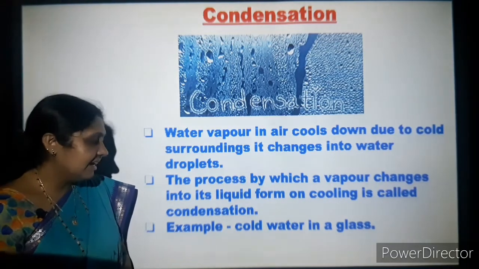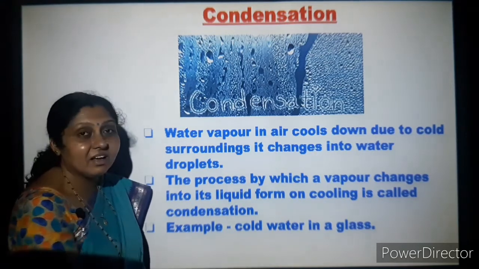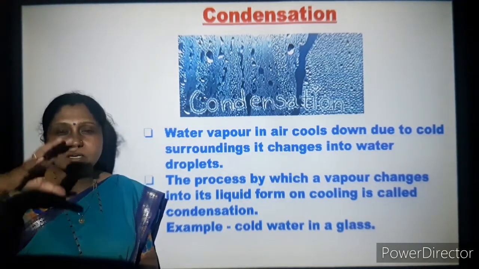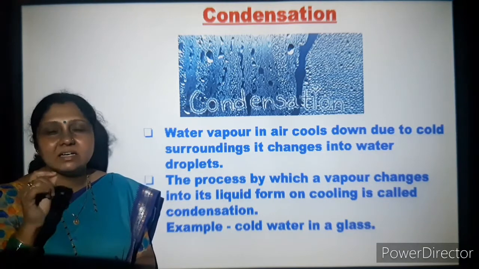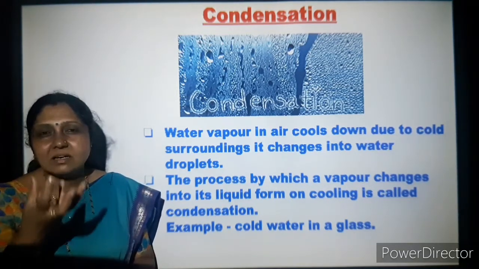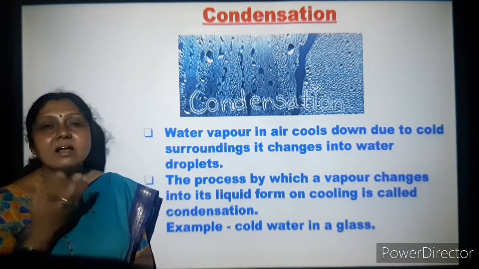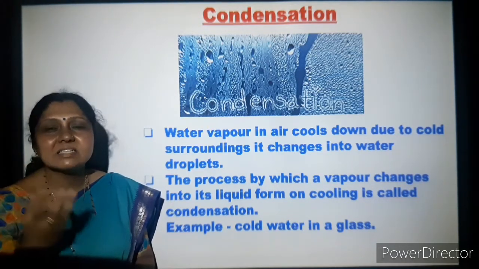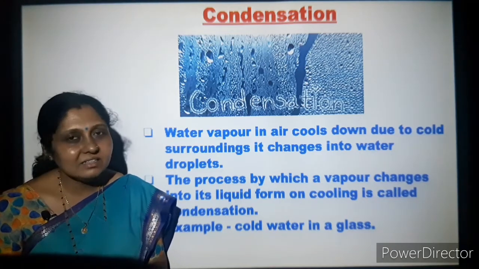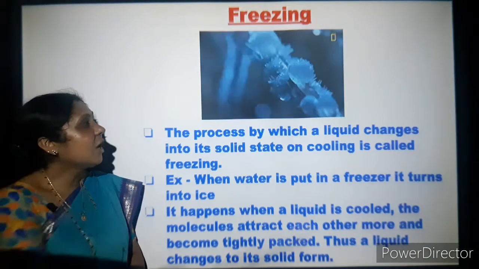One more example is cold water in a glass. If you keep very cold water in a glass, within a few minutes you can see water droplets on the outer surface of the glass because of condensation. So, these are all examples of condensation.